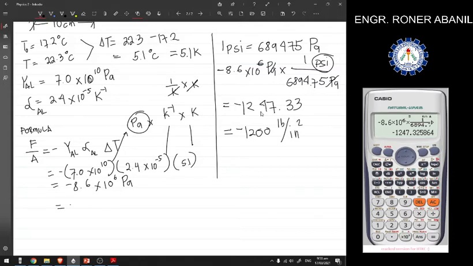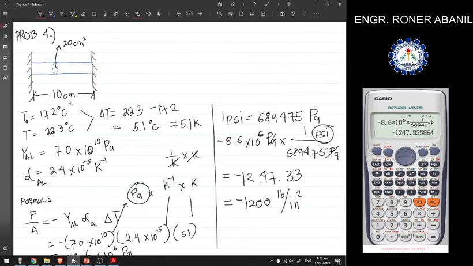O dito. Ayan, PSI. Okay. So, ito na ngayon yung stress. Ito yung stress na mararanasan doon sa cylinder. Yung stress na binibigay diyan.